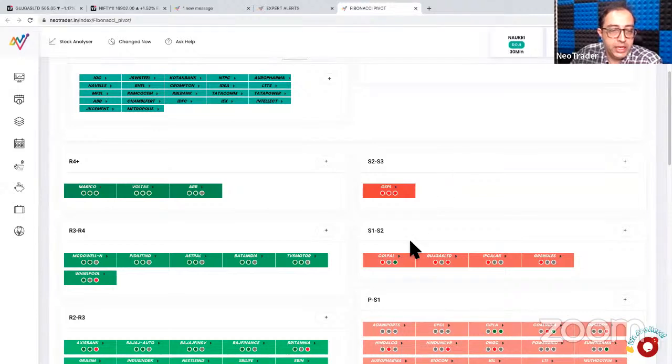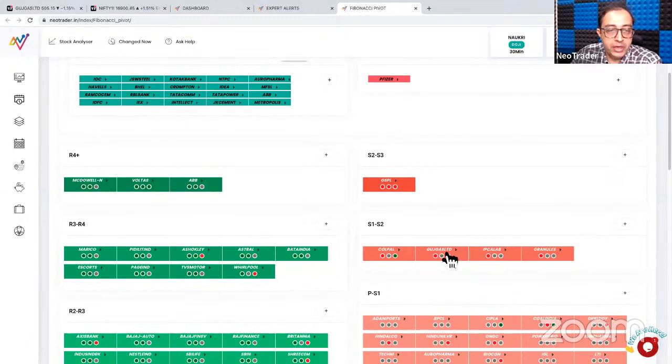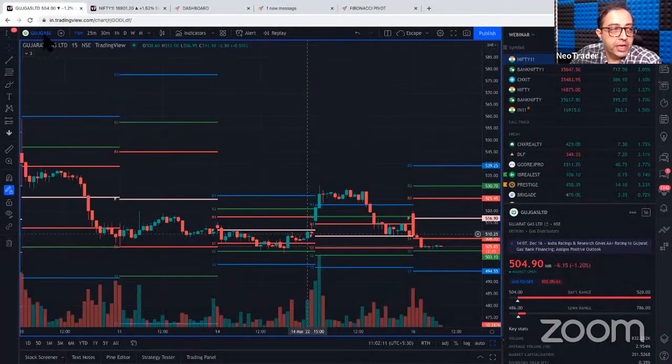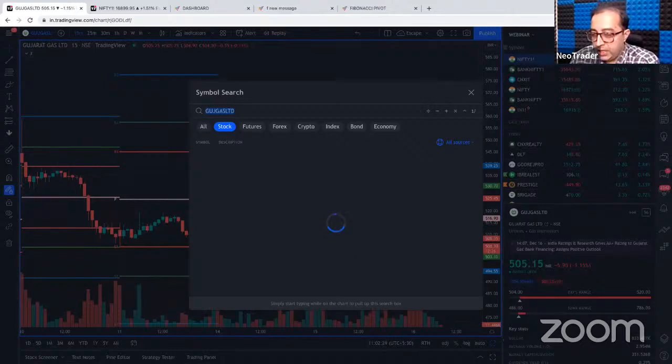You know exactly there is a movement here, right? You can see here that Gujarat Gas is showing some movement, Granules. GSPL is the weakest. While the market is definitely showing some bullishness, you also got to be ready for the other side.